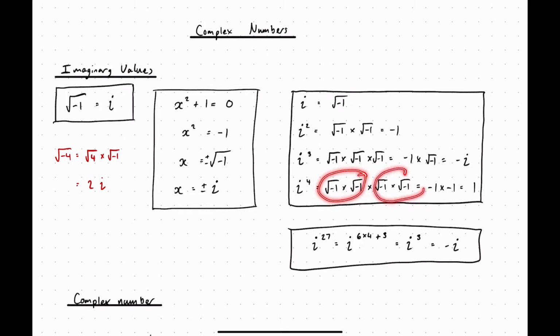Each one of these double pairings becomes -1, and -1 times -1 is just +1.